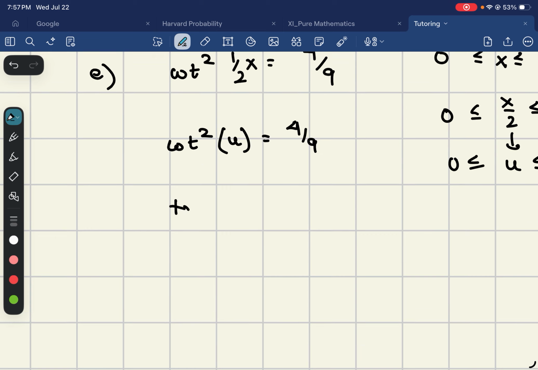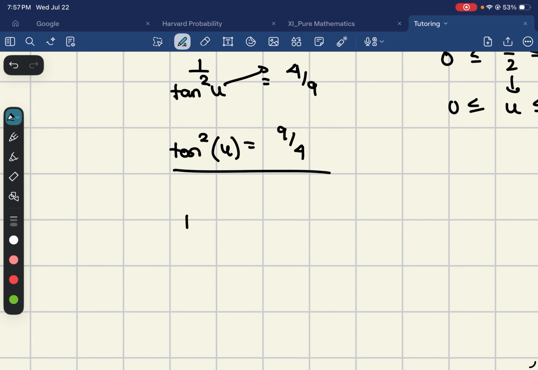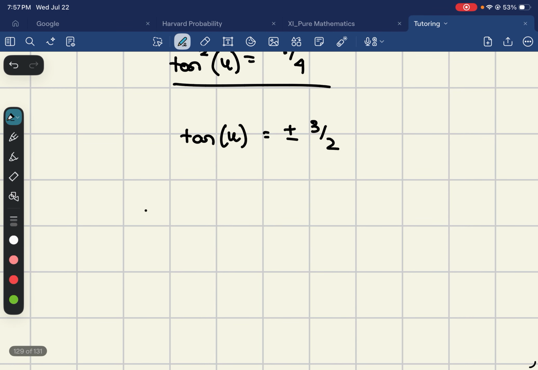And I know that tan squared u is going to be 9 over 4. And I'll leave you to figure that out, because cot squared u is just 1 over tan squared u. And by basic simplification, you're going to arrive at this expression. And tan u is going to be plus or minus the square root of 9 over 4. And the square root of 9 over 4 is just 3 over 2. All right, so case 1 is that tan of u is equal to 3 over 2.